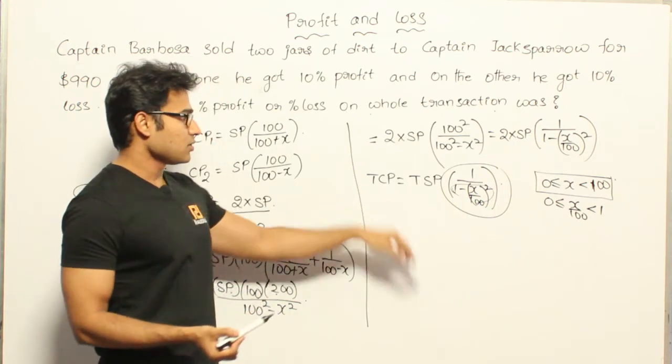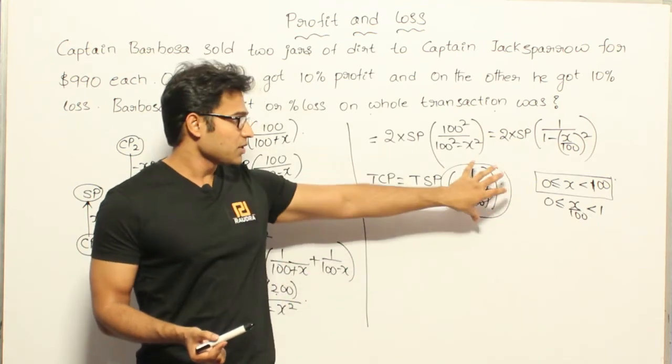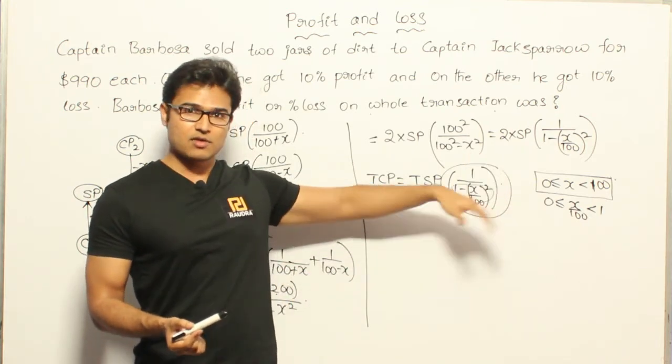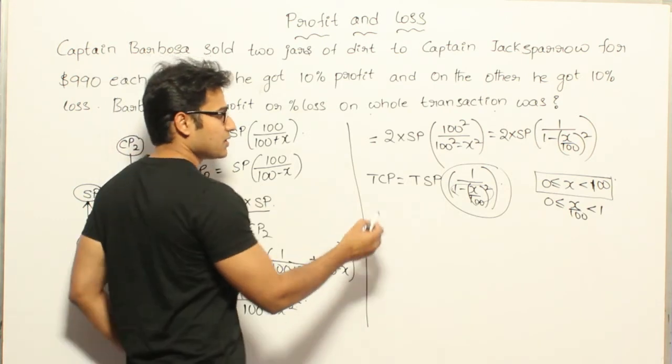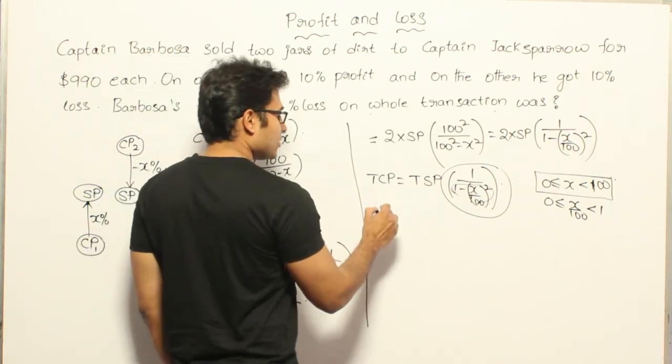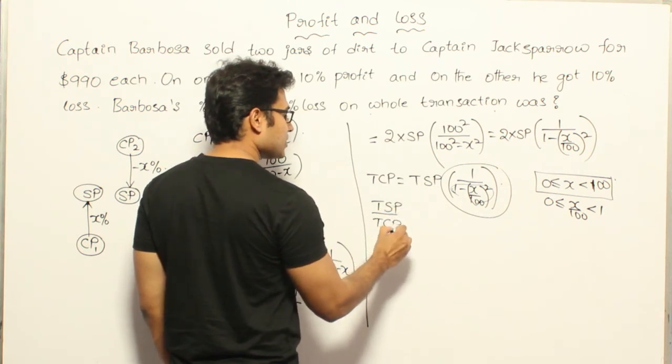In order to find out the total loss, or let us say loss percent, you are sure that we are having some loss, isn't it? Now I want to find out what is the total loss percent, right? So for that reason I want to find out the ratio between total selling price by total cost price.